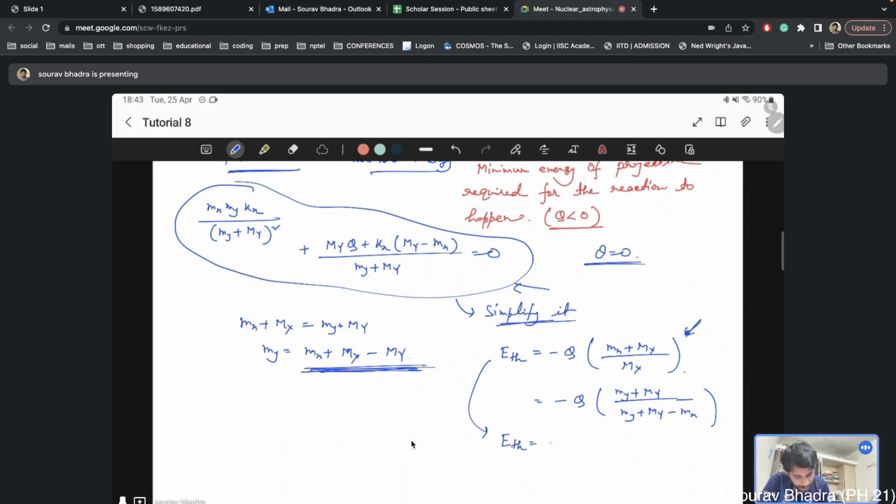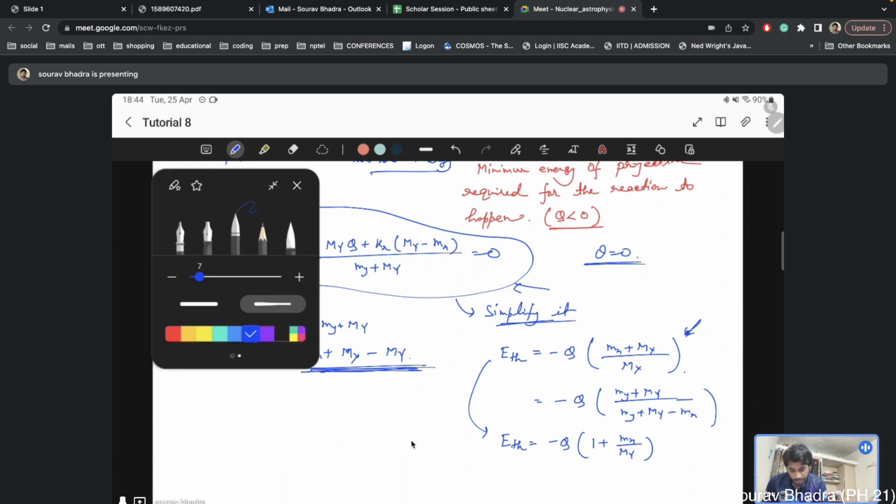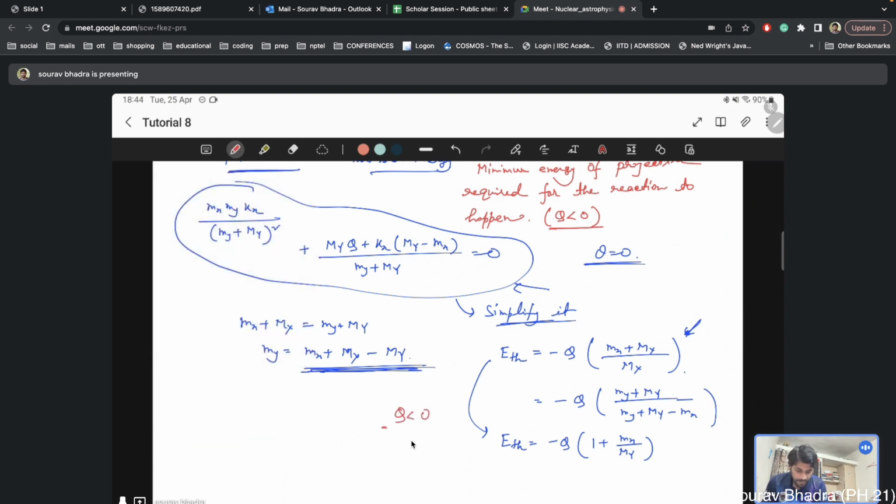So E threshold can be written as minus q times 1 plus mx by Mx. I have just divided the numerator by the denominator. Now consider this minus sign. It is very important, because it will automatically come if you simplify that expression, since the main important condition is q less than 0.